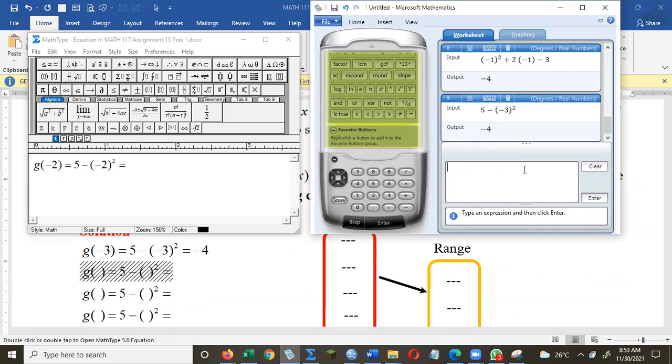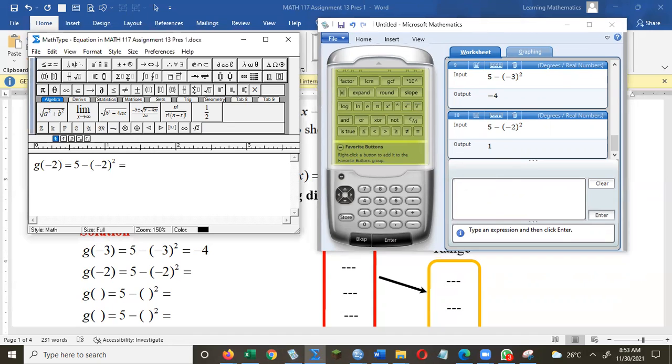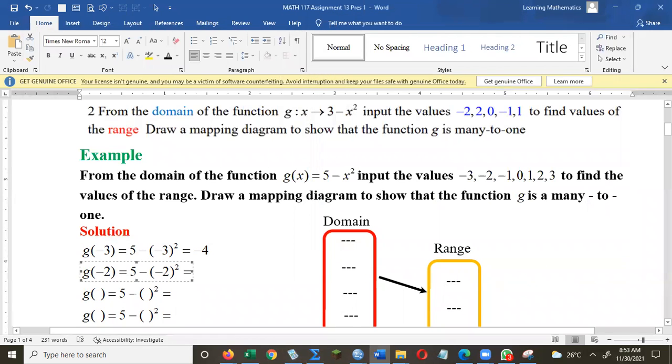I've been encouraging you to be doing it along with us. Someone said they are confused, and somebody said 1. 1 is correct because I get 1 also. So tell me your confusion, please.